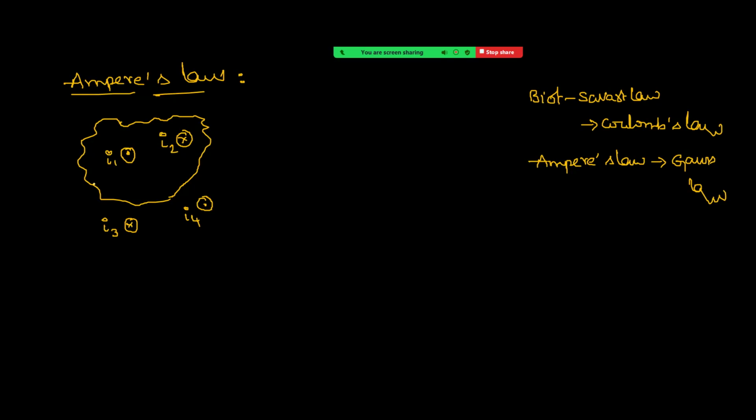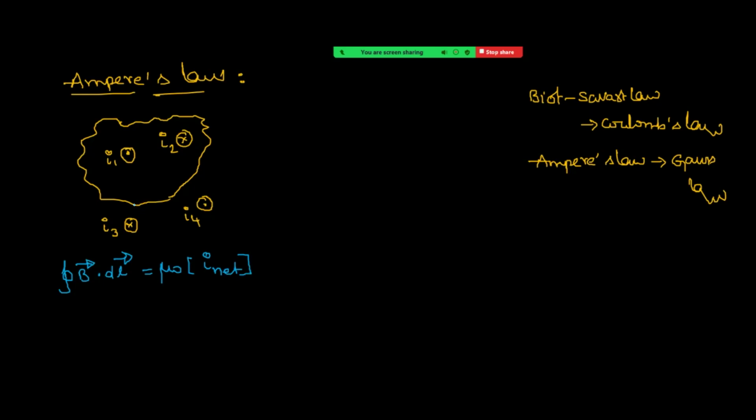Okay. Now see what it states. It states that closed integral B bar dot dl bar is equal to mu naught into the net current passing through the surface bounded by the loop.